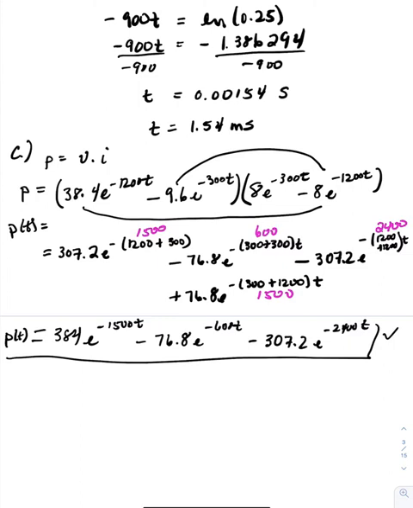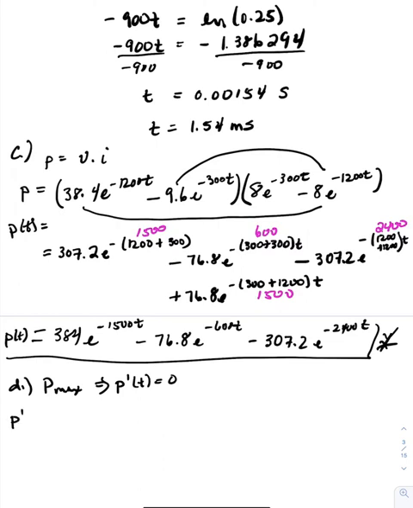Okay, D, the instant when the power delivered to the inductor is maximum. All right, power is max. We can find max power by finding the first derivative equal to 0. So let's take the derivative of this equation.